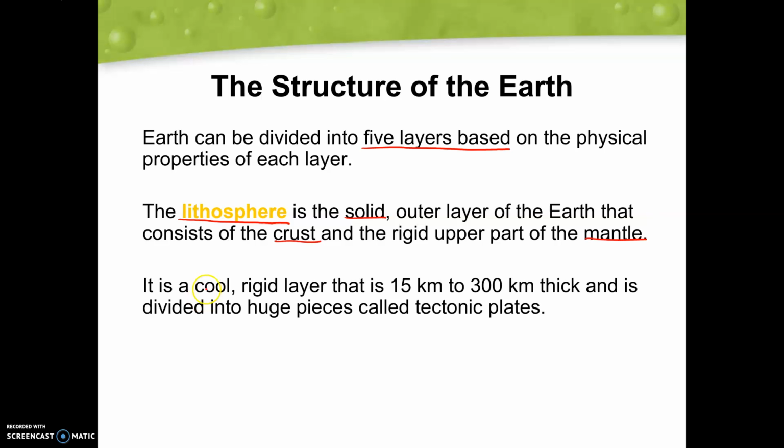It is cool and is about 15 to 300 kilometers thick. And it's also divided into these huge plates called tectonic plates. We're going to talk a lot about those tectonic plates. So our lithosphere makes up our different tectonic plates. It's a cool, very solid layer of our Earth here.